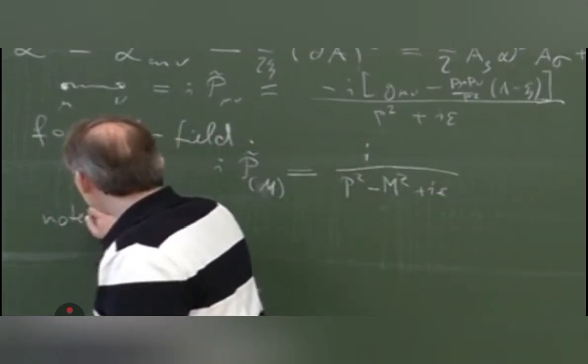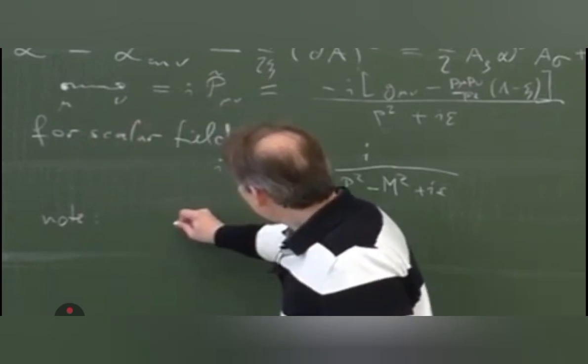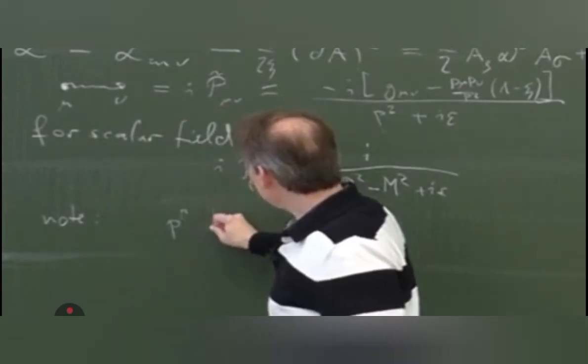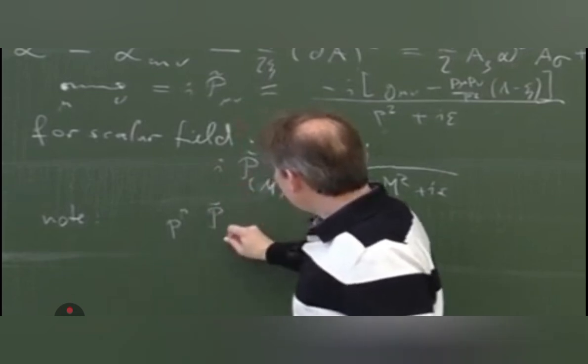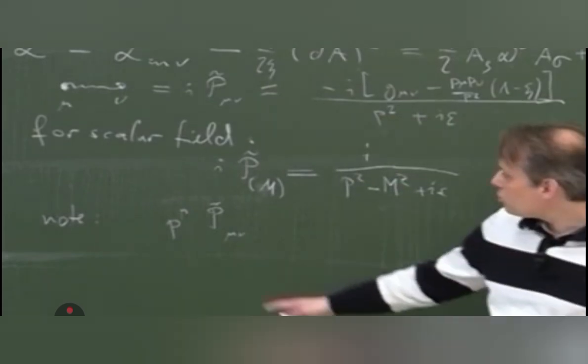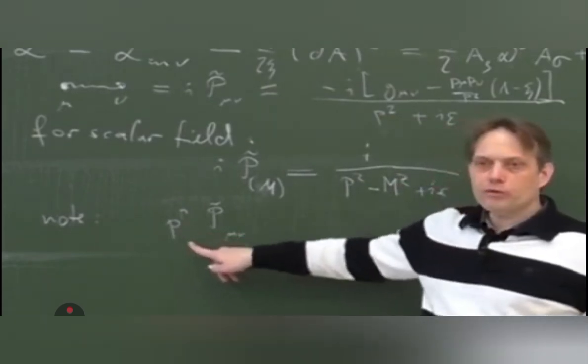So therefore, let us note a relationship, namely what happens if you contract the photon propagator with p^mu. Note that this is motivated because we want to derive the transversality of the photon self-energy, which also corresponds to contracting something with a momentum.